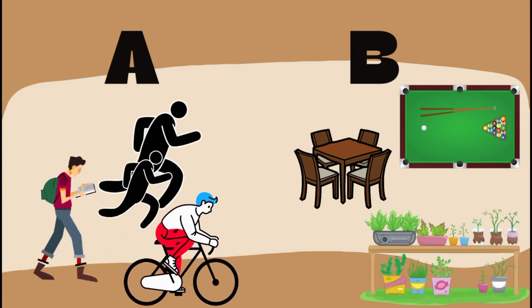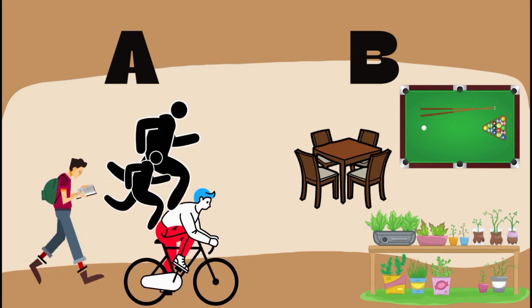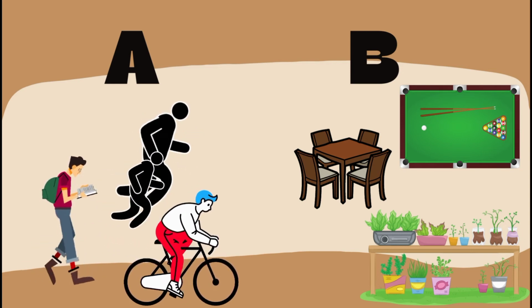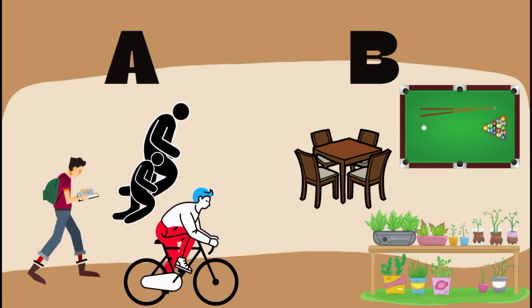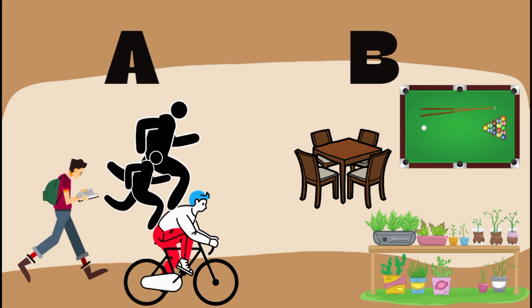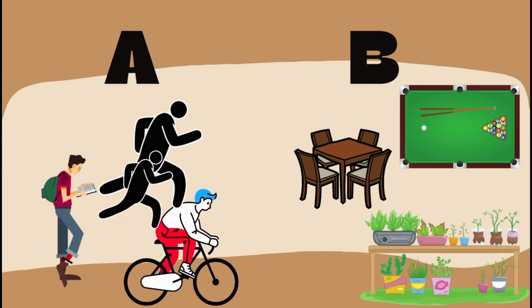Very good. For group letter A, we noticed that all of the persons are moving, while for group letter B, all of the objects are at rest.